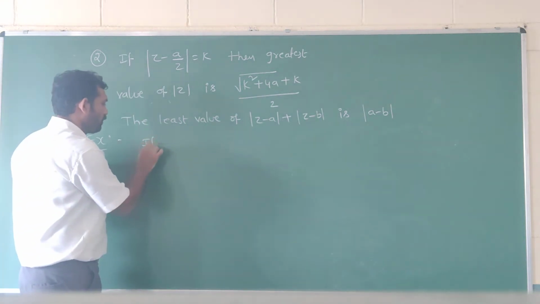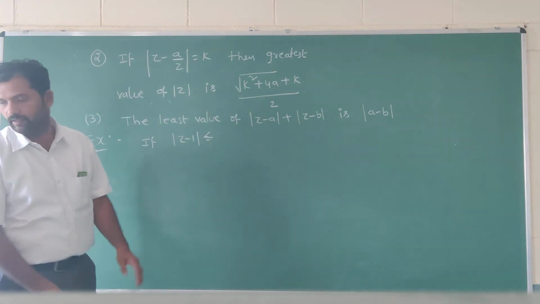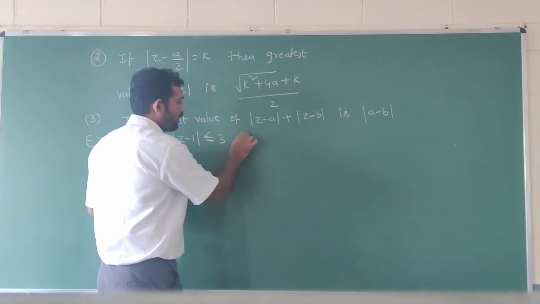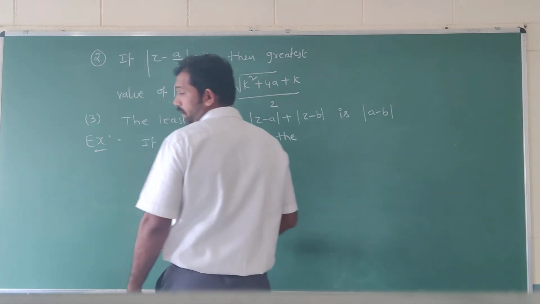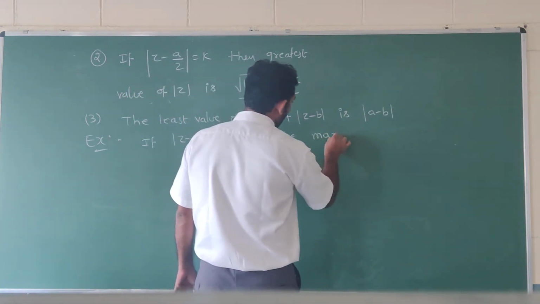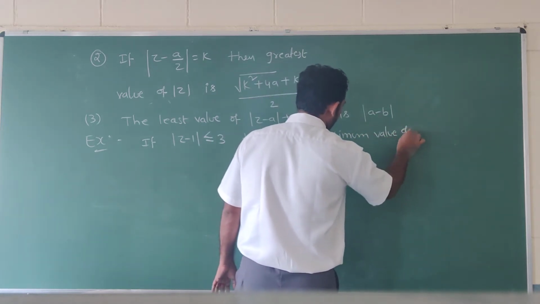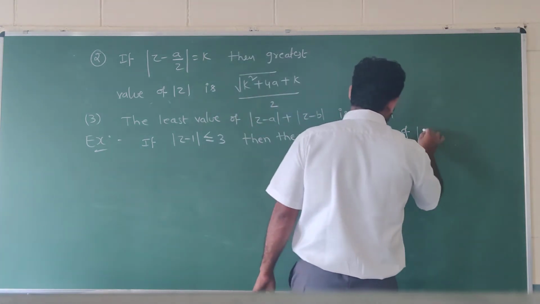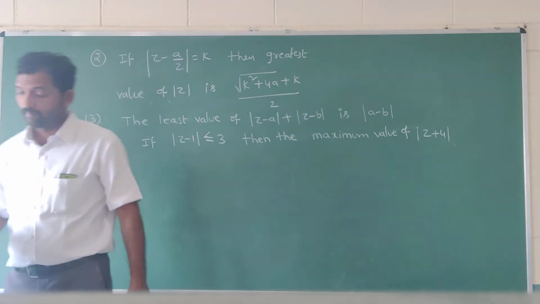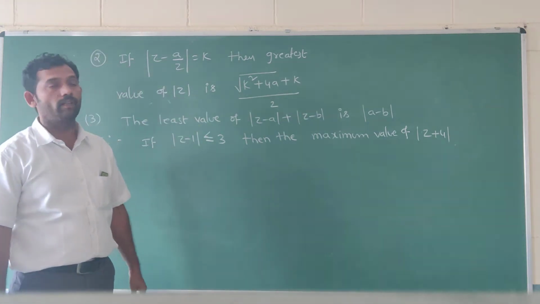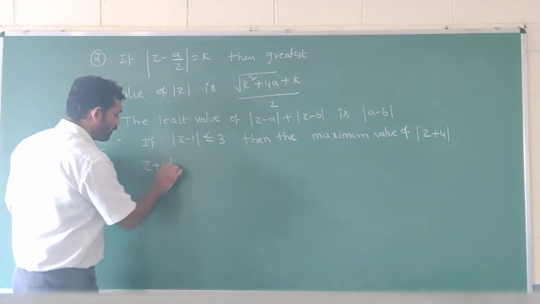If modulus of z minus 1 is less than or equal to 3, then the maximum value of modulus of z plus 4 is what? They are asking for the maximum value of modulus of z plus 4. So take that value, modulus of z plus 4.